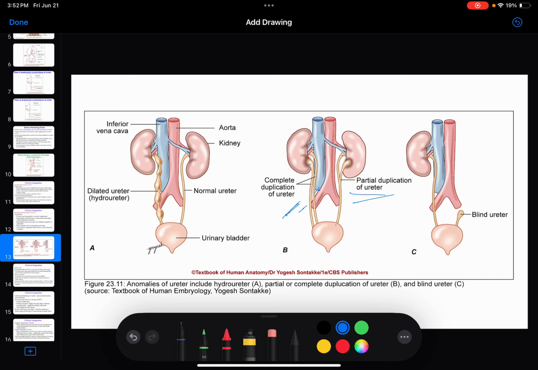Then you can see here hydroureter and an undeveloped ureter. This is blind ureter. So the ureteric bud has to reach the renal metanephros here. So this is incomplete, so it leads to blind ureter.